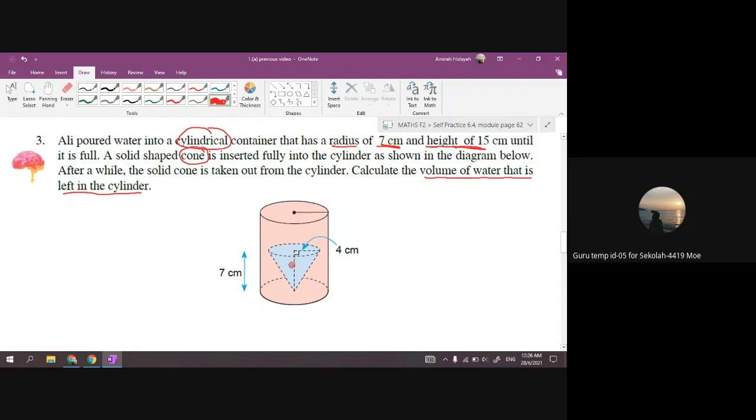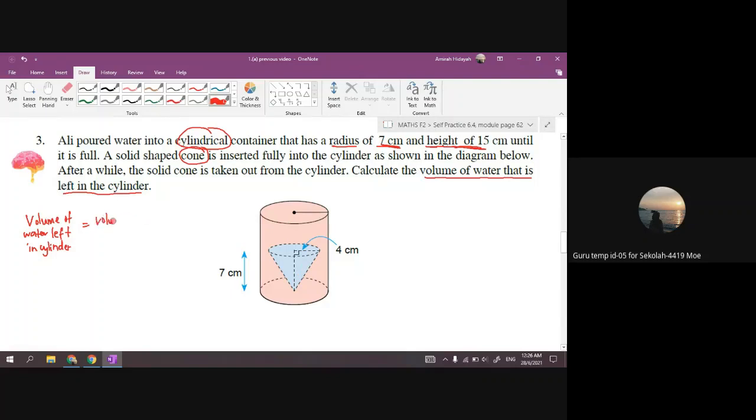Okay, so the formula is, we want to find the volume of water left in the cylinder. Firstly you need to find the total volume of the whole cylinder.